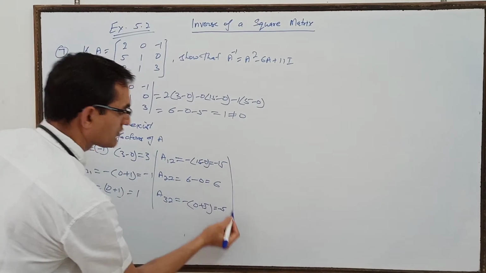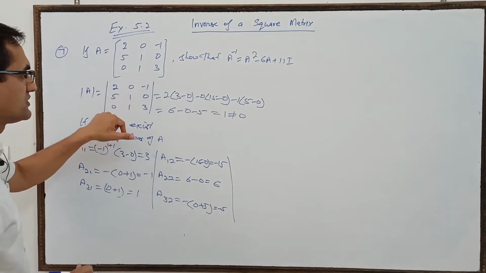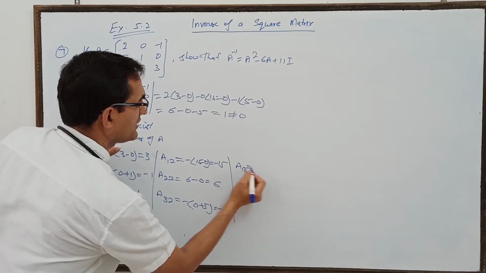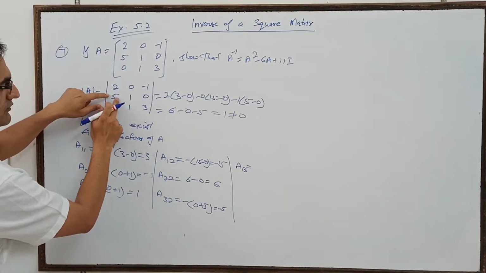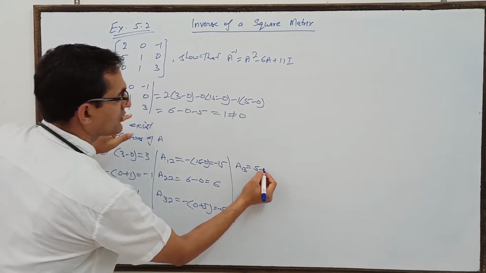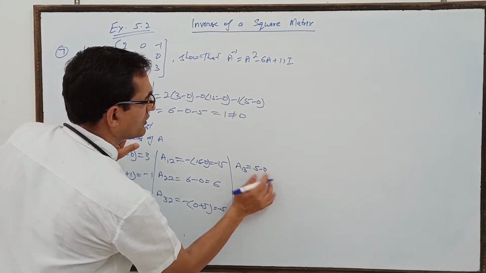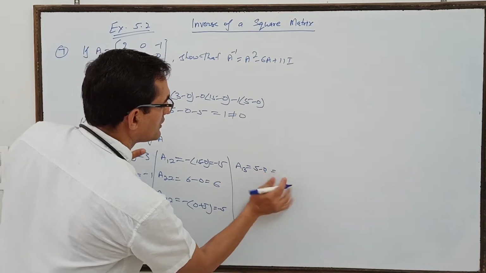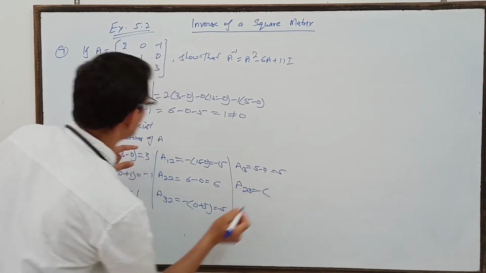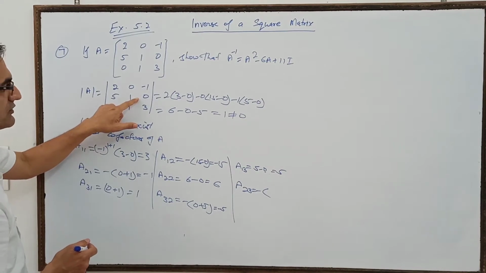Now the cofactors of the elements of column 3. Now this is A13. A13 means 5 into 1, 5 minus 0, that will be equal to 5. Next A23, sign will be negative for this one.